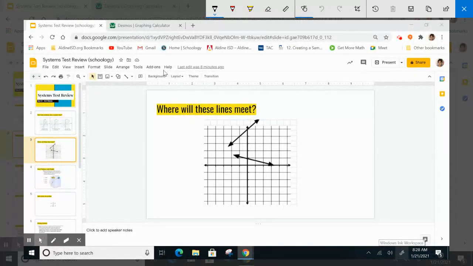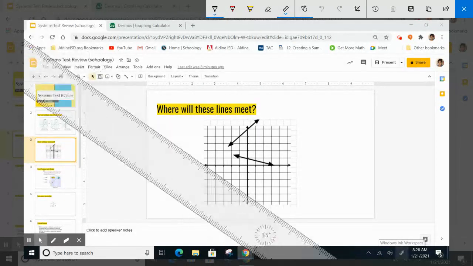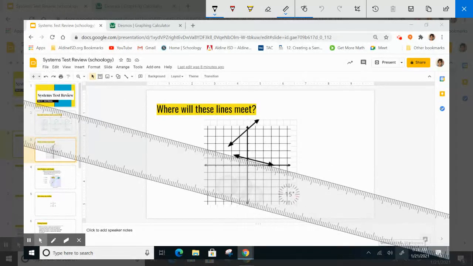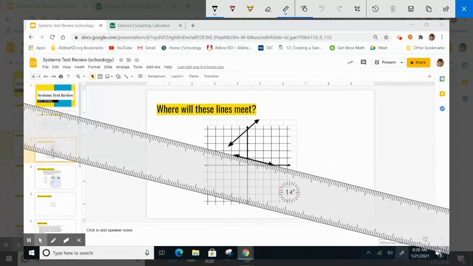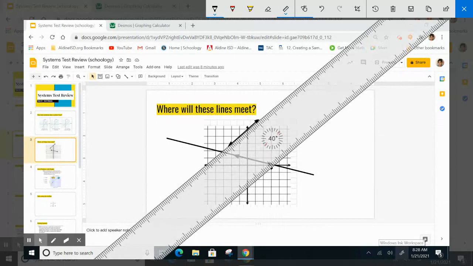So what we can do here is we can continue these lines with our ruler or with something that has a straight edge, and we can figure out where these lines are going to meet up. So that's exactly what I'm going to do here. I'm going to take my ruler, and I'm just going to continue to draw this line here. And then I'm going to do the same thing for this other line.